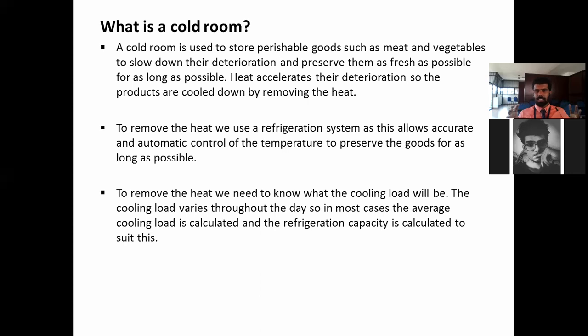Because of the heat only, these items perish fast. So we are slowing down the deterioration time of an item, to preserve them as fresh as possible, for as long as possible.